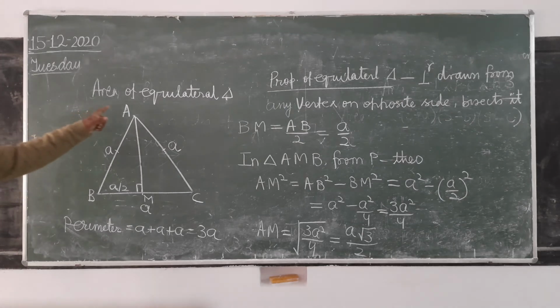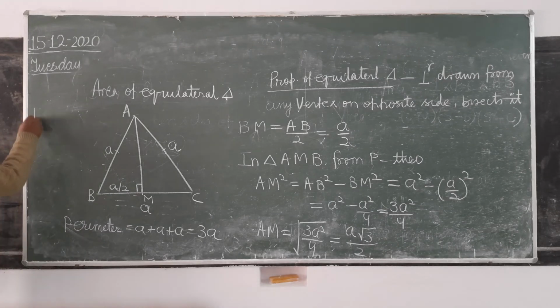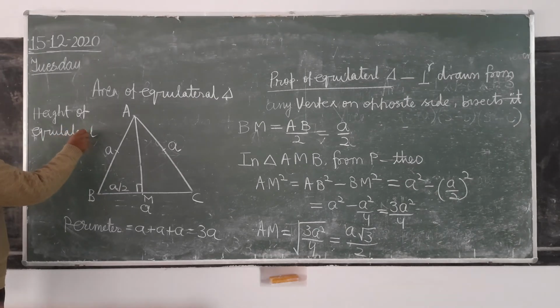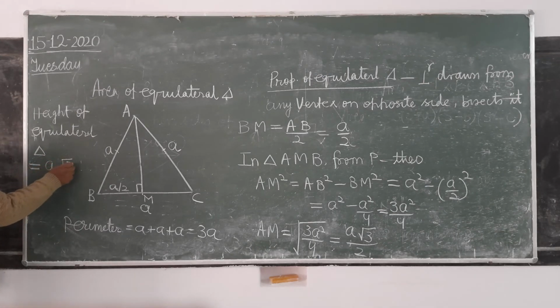Now what is AM here? AM is the altitude, the height of the equilateral triangle. So you can write height of equilateral triangle equals A root 3 upon 2.